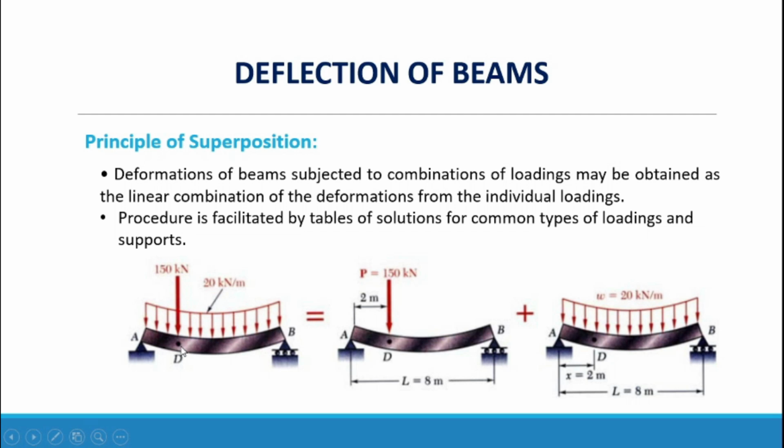In this example, we have a uniform load and a concentrated load, and it is equivalent to a concentrated load at 2 meters from point A plus a uniform load of 20 kilonewton per meter. And the combination of the two loadings in terms of deflection is the total deflection of the beam.